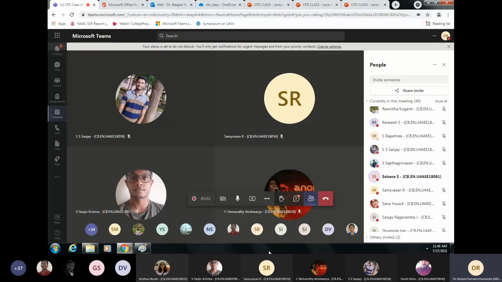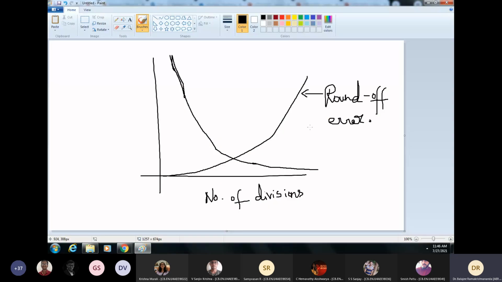Now, see, round off error is increasing like this. Another error, if you have more number of division, it decreases. If you have less number of division, it increases. What is this error? The truncation error. Yes, truncation. Correct. Or discretization.